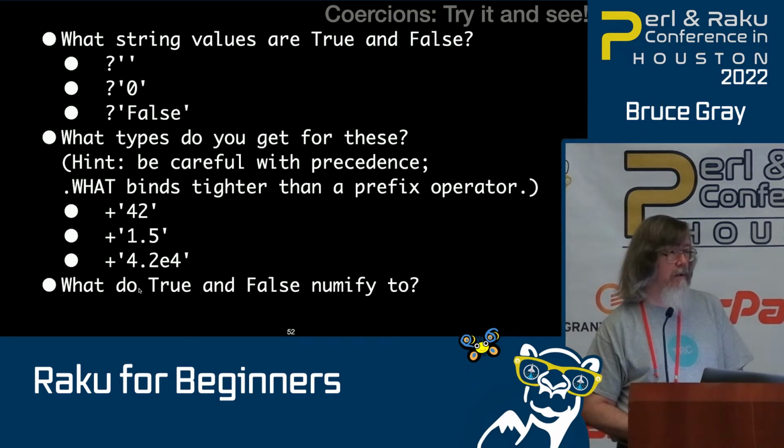Yeah, why is it called num instead of float? I don't know. The question is, why is it called num instead of float when we call it floating point everywhere? Yeah, I don't know. What do true and false nummify to? 1 and 0, which is what I would hope, and is occasionally useful.